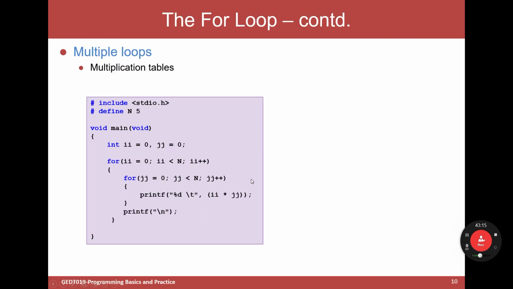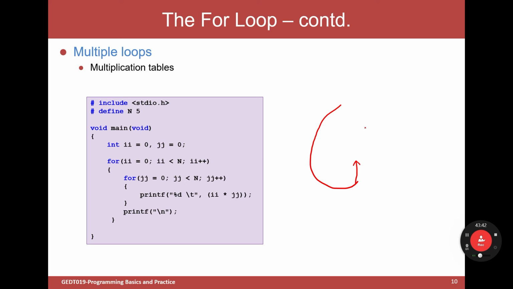Now let's go to another thing, which is loop inside loop. Can we do a loop inside a loop? Yes. So one loop, and then inside that loop execute another loop. So this one would be like this. You have a loop, and inside this loop, you will do another loop.